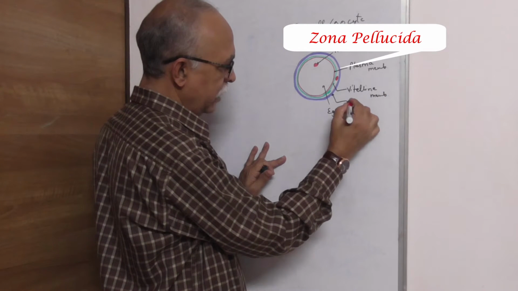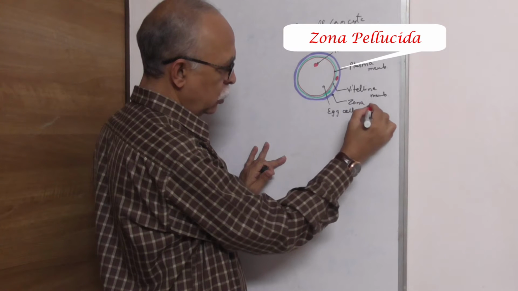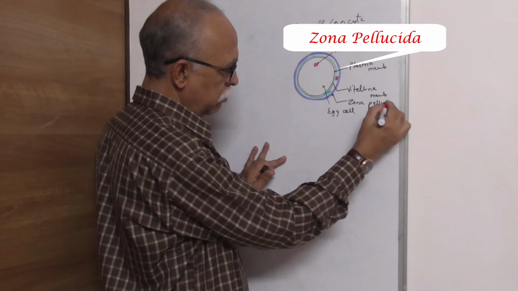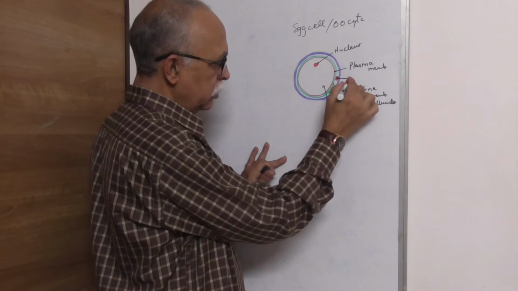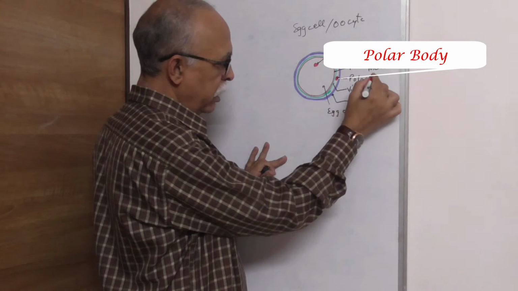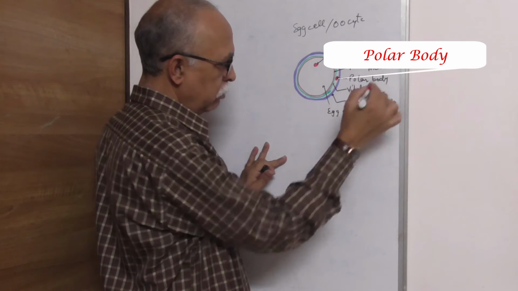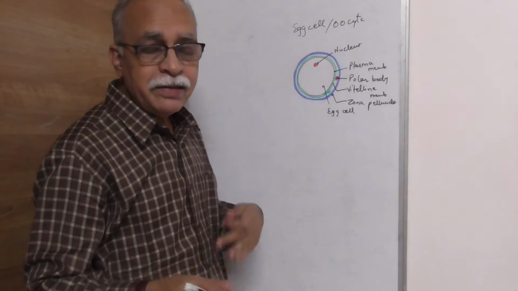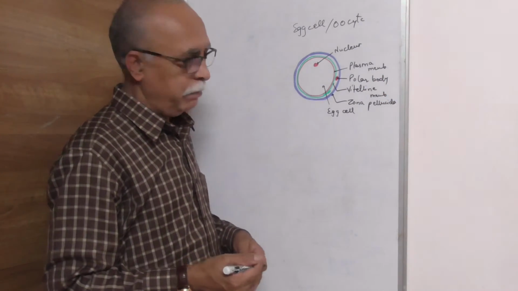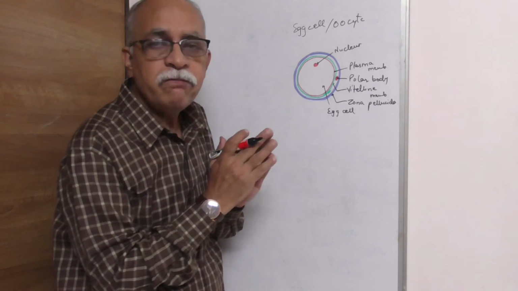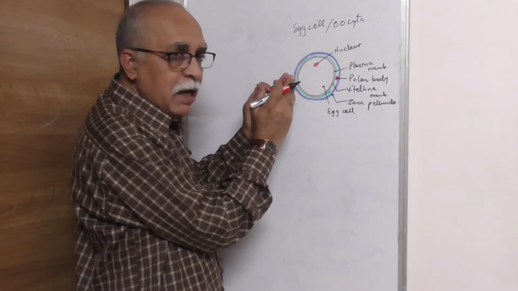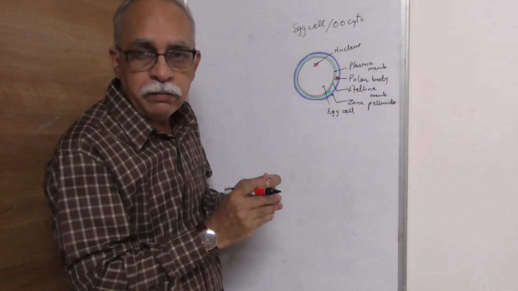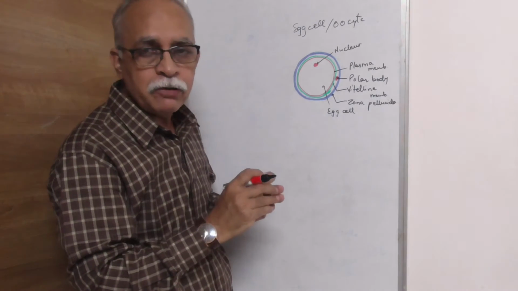Here, this jelly-like layer is the zona pellucida, and here is a polar body, which is going to disintegrate in the further course of time, that is, if at all there is fertilization. So this is the female gamete which is released out from the ovary for the purpose of fertilization.